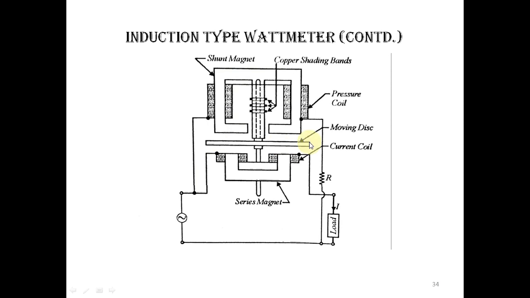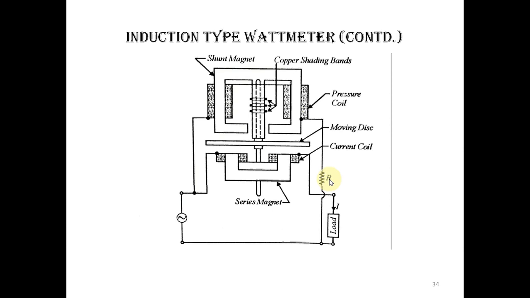Here is the moving disc, and here is the copper shading band, which makes the lagging of 90 degrees, as we have already discussed. And here you can see non-inductive resistance R, as in a pressure coil circuit in a normal electrodynamometer type wattmeter. Then why is this separate construction there? Of course we will discuss a comparative study later after finishing the working of induction type wattmeter.